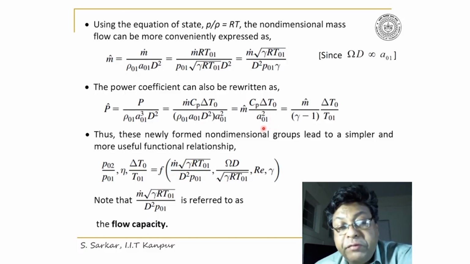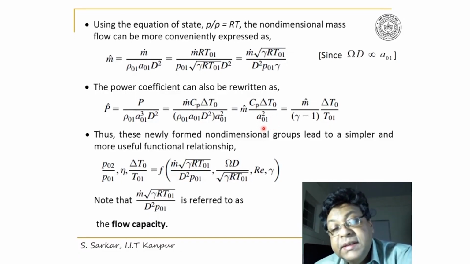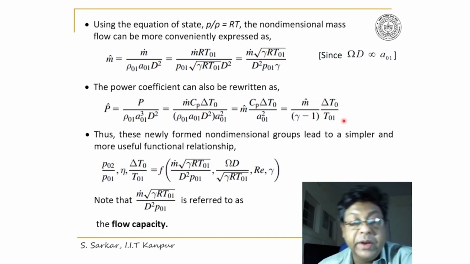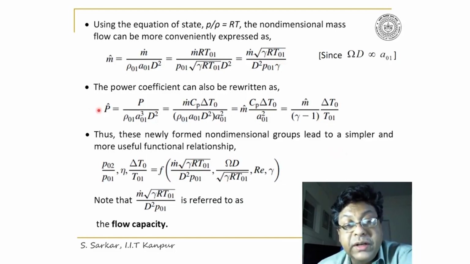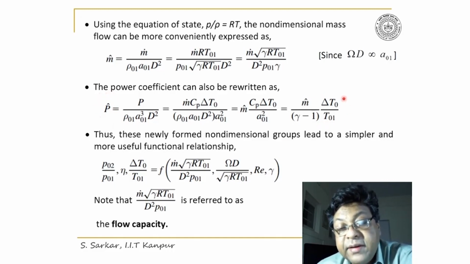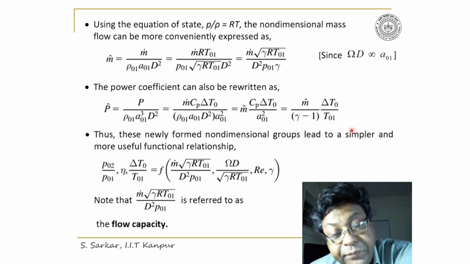Put the value of A01. Then it will become m tilde divided by gamma minus 1 into del T0 by T01. So the conclusion is that the power coefficient can be expressed as del T0 by T01.